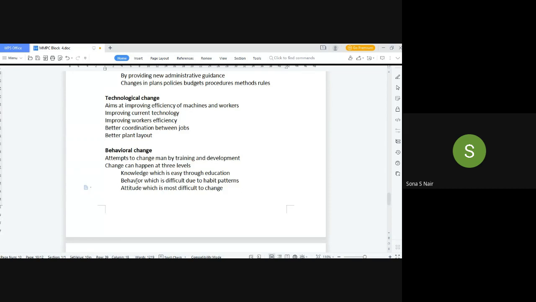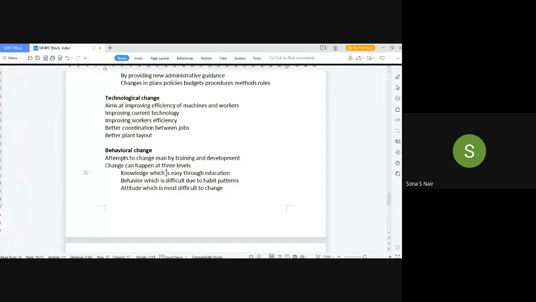Behavior: sometimes we have to change the behavior according to the changes in the environment, or in the effort to increase efficiency, you need to change behavior patterns. But they are a little difficult to change because of habits.